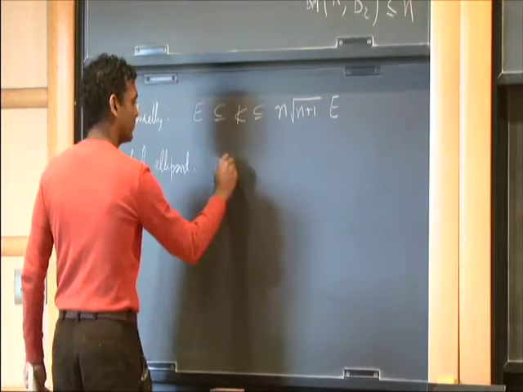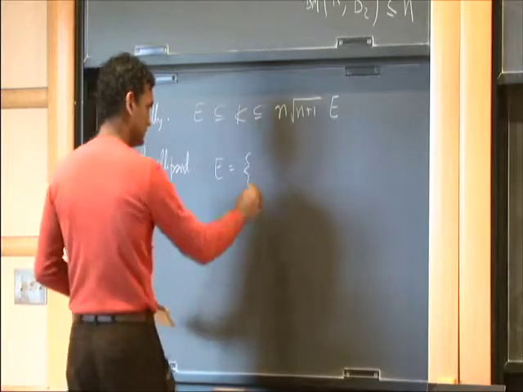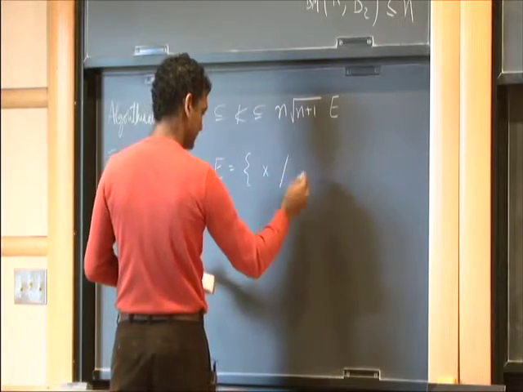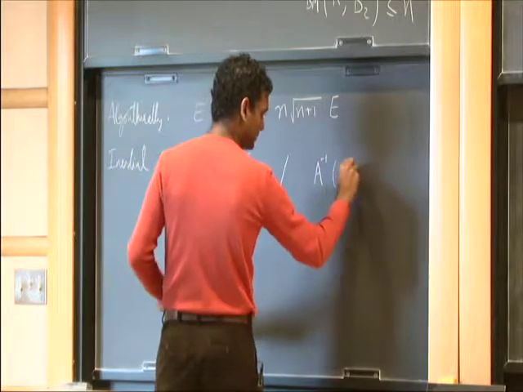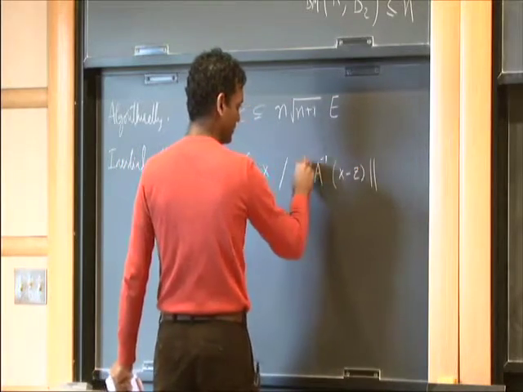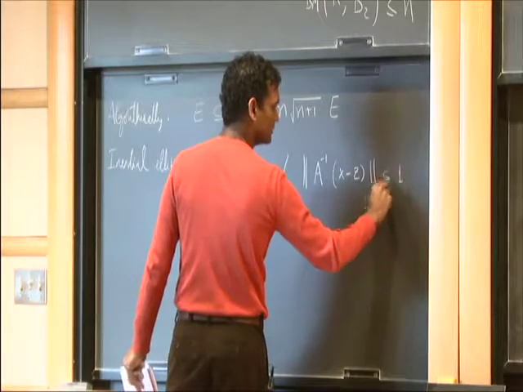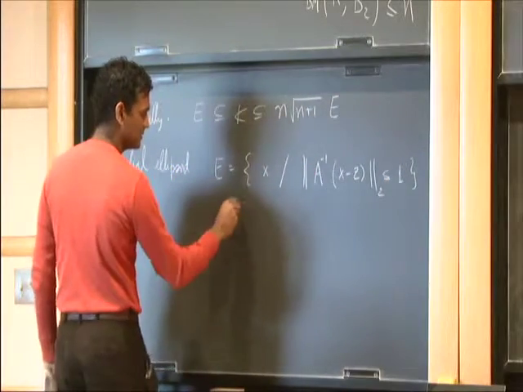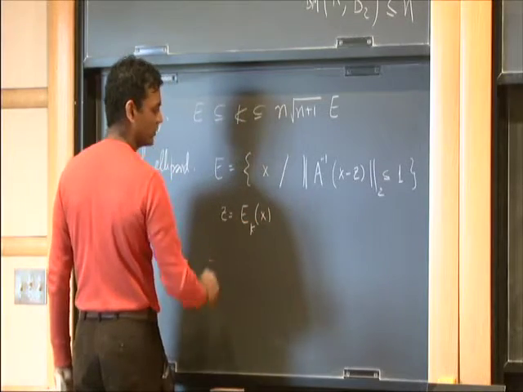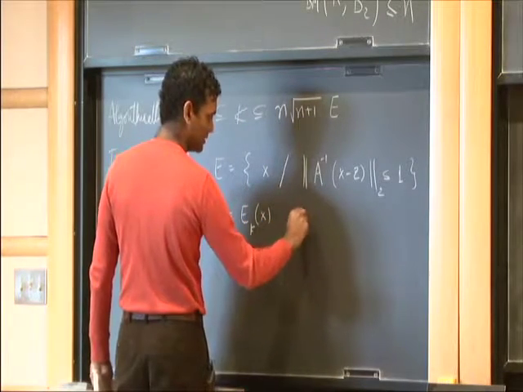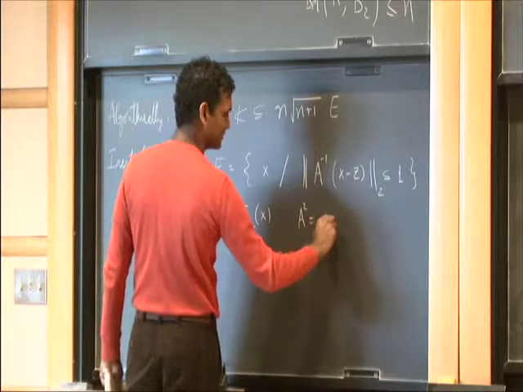So it's just the ellipsoid of all points x where the 2-norm of A inverse times (x minus z) has length at most 1, and here z is the expectation of a random point from the convex body, and A squared is the covariance matrix.